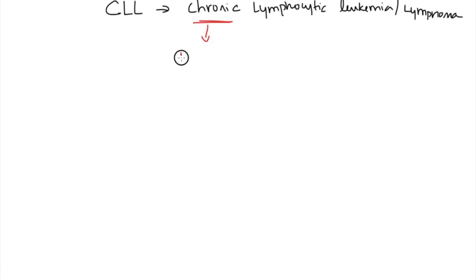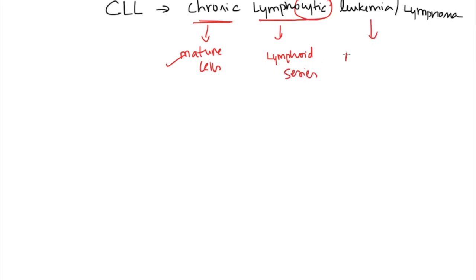Chronic refers to the mature cells of the lymphoid series, and mind you, it is cytic. Most of the previous malignancies we have studied would be saying blastic because they're immature cells. Because these are mature cells, it's lymphocytic. So this refers to the lymphoid series.